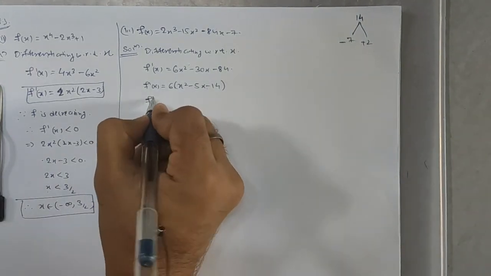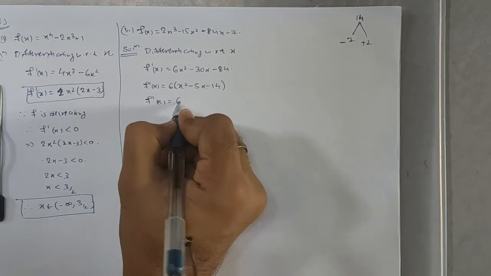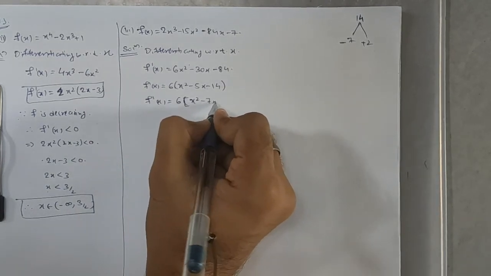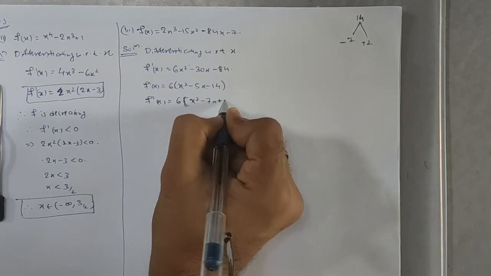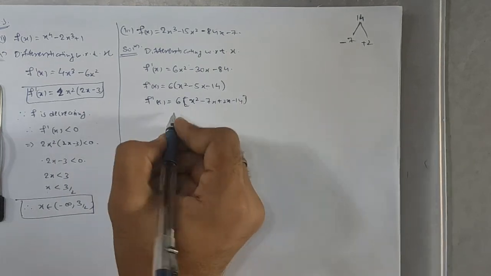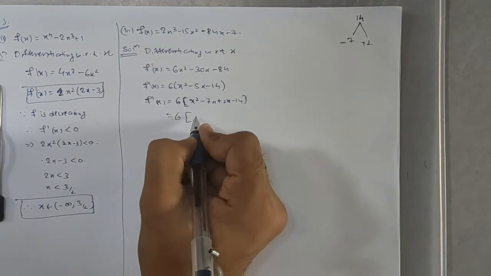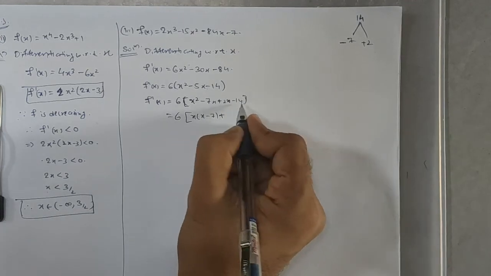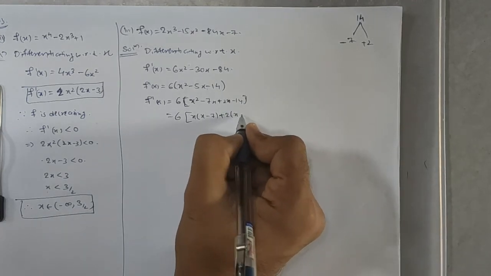So f dash of x is equal to 6 in square bracket x square minus 7x plus 2x minus 14. From the first two terms we take x common, so this will be x minus 7, and from the last two terms we take 2, so this will be x minus 7.